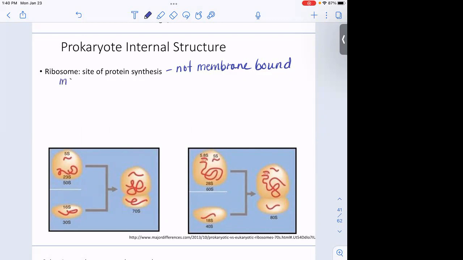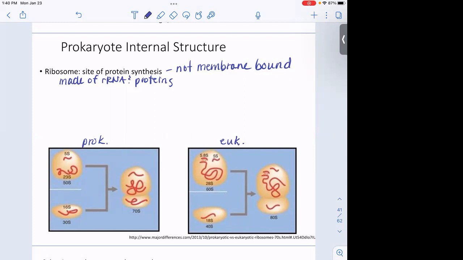They are composed of ribosomal RNA and proteins. And there are actually two different, related structures. Here are the prokaryotic ribosomes on the left side and the eukaryotic structure on the right.